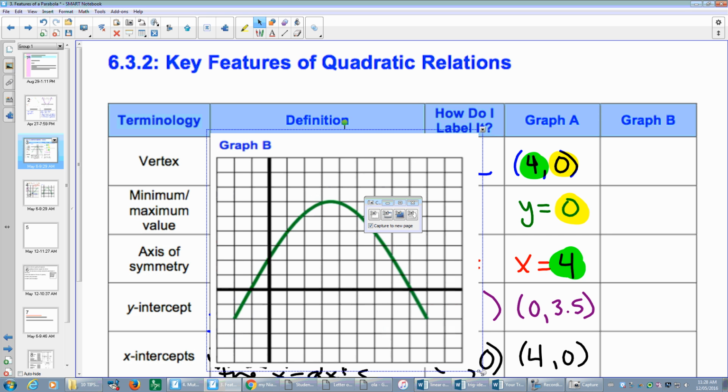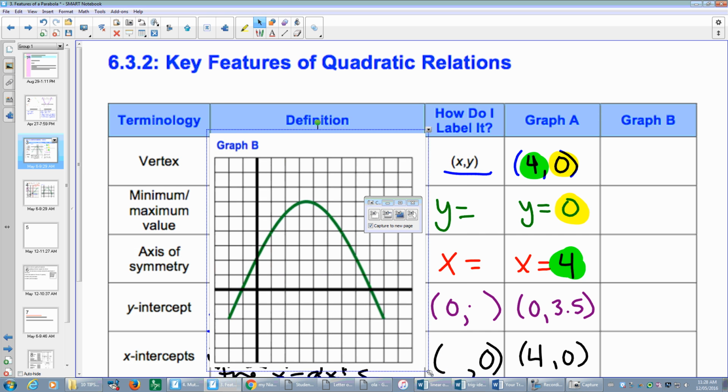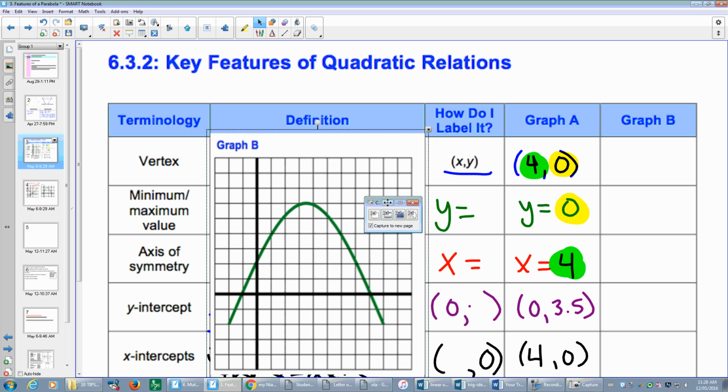Here's my graph B. I'm covering up the definitions, but I think we can live without it. Okay, my vertex at graph B. Cole, what is my vertex for graph B? Pardon?